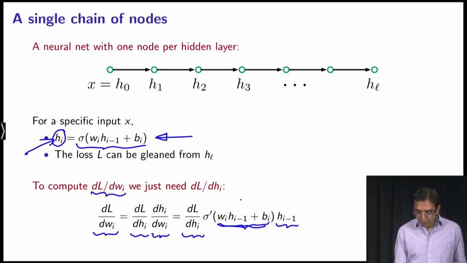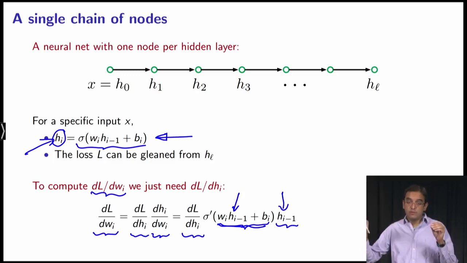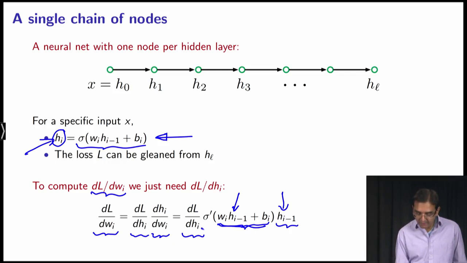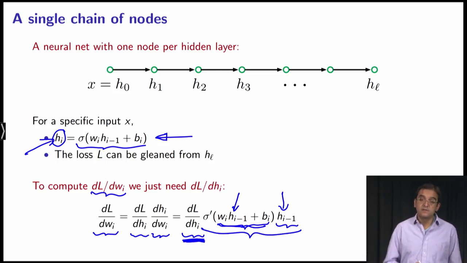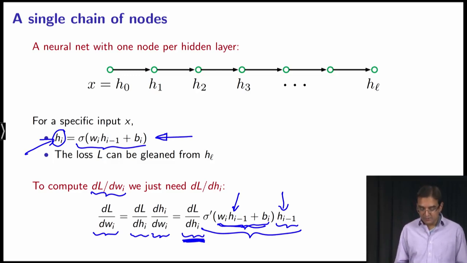Okay, so we already know all these H values. We computed them in our feed-forward pass. So we know everything over here, and all we need is this derivative of the loss with respect to Hi, and if we have that, then we can compute the derivative with respect to Wi.